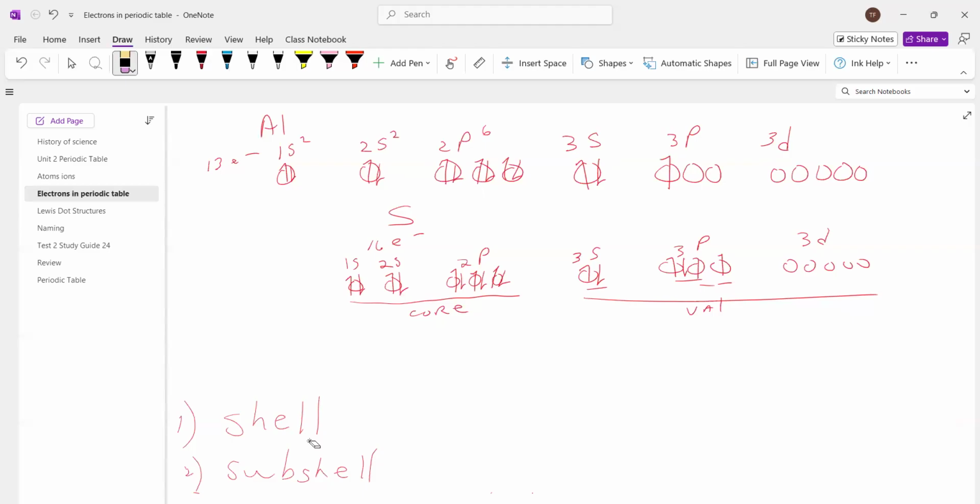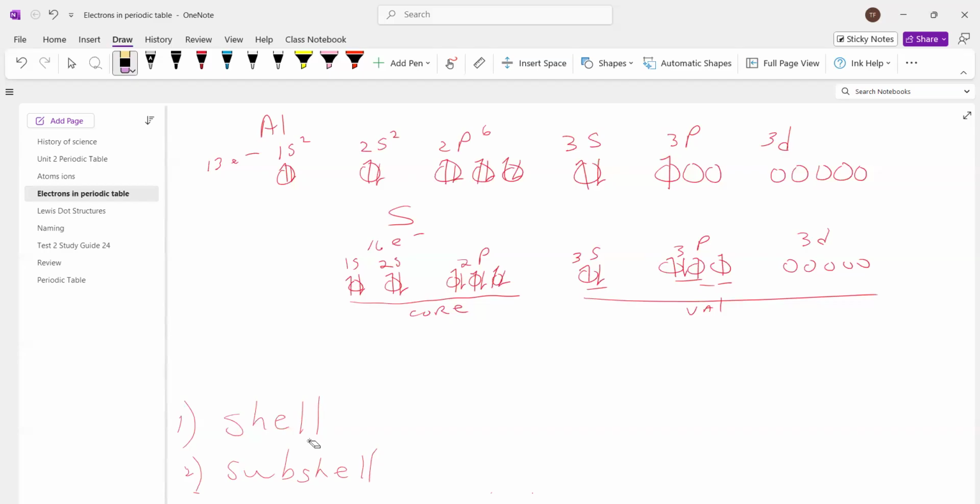Now, there's a shorthand way of doing this: instead of writing out the core, because the core is always the same every single time, what's the point of writing it out every time? So what we're going to do is substitute one of the noble gases in place of the core. So what noble gas has that electronic configuration there? Neon.